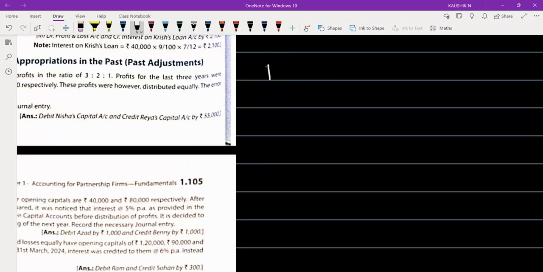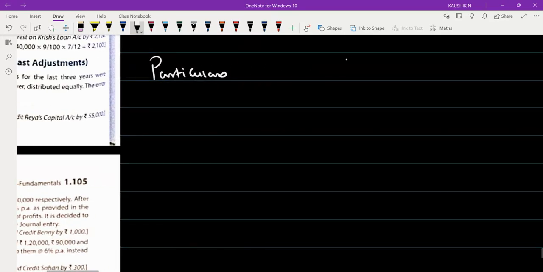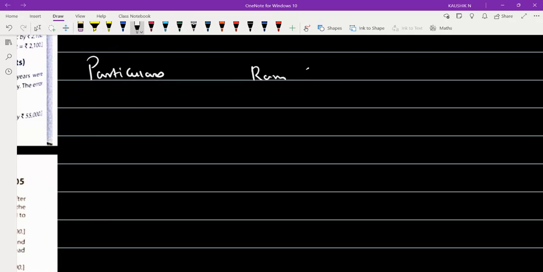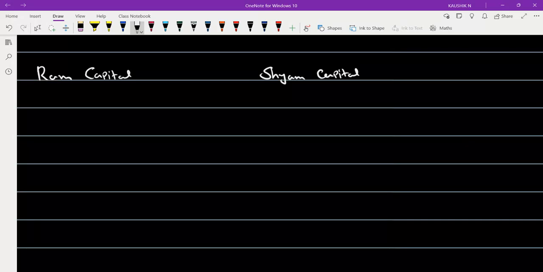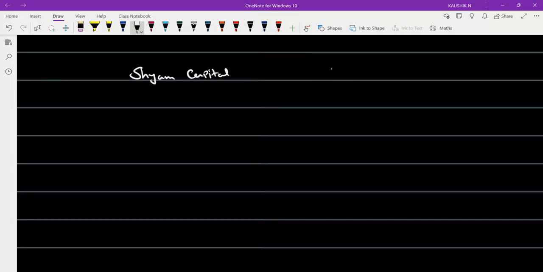You'll have particulars, followed by the partners: Ram's capital, then Shyam's capital, followed by Mohan's capital and the firm's account.